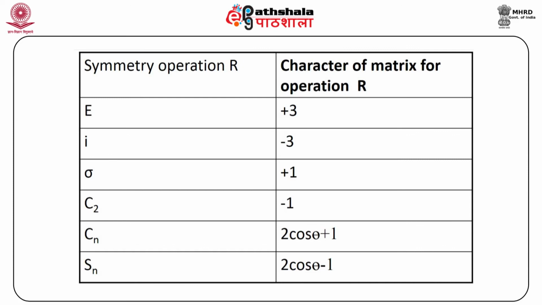So this table gives me the 3n Cartesian coordinates and their contribution chi. That is, for E it is plus 3, for I it is minus 3, for sigmas it is plus 1, for C2 minus 1. In general, for Cn rotation we have 2 cos theta plus 1 as the character, and for improper axis 2 cos theta minus 1 is the character.